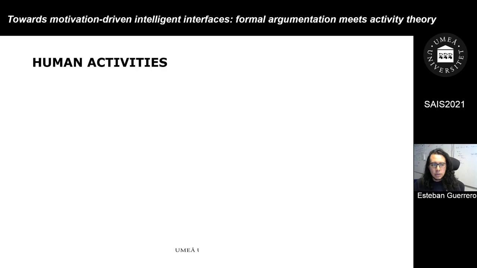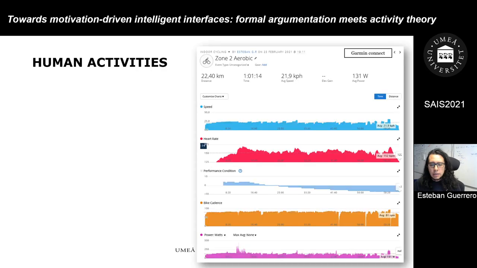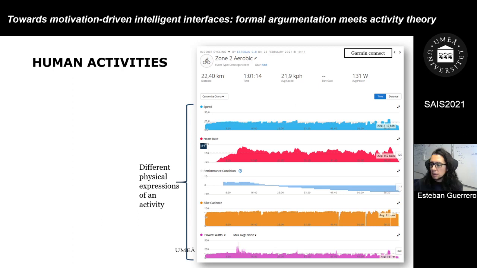We already know that human activities are complex, and we can detect information from a human activity using artificial intelligence approaches, and we can measure and predict those different kinds of expressions of those activities.